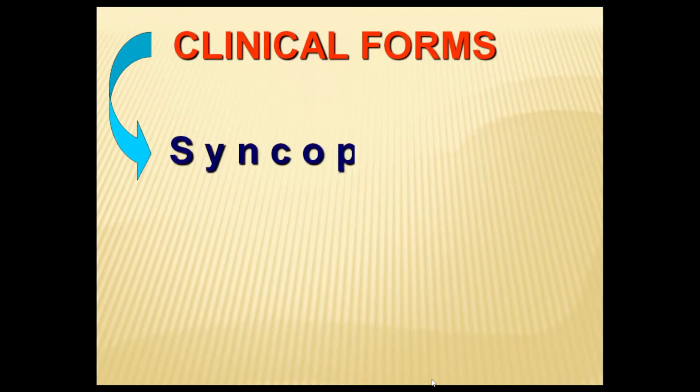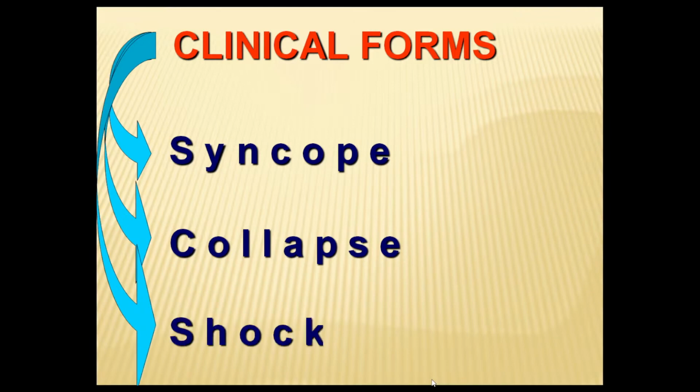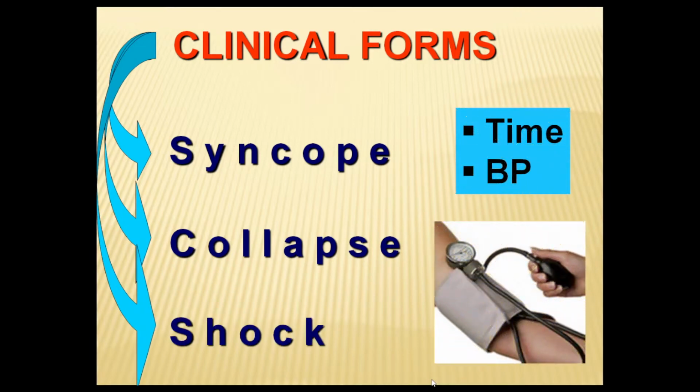And we distinguish three main clinical forms of vascular failure: syncope, collapse, and shock. Clinically, we differentiate each form depending on time of development, fast or continual, and level of blood pressure.